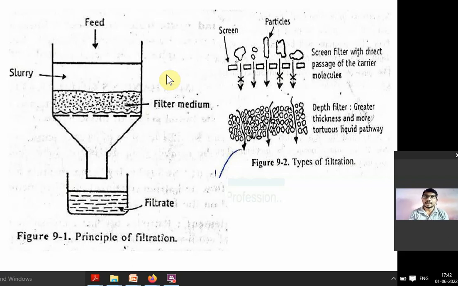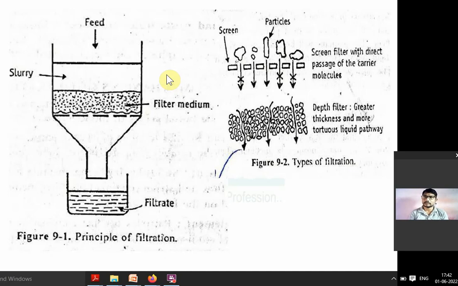You need high efficiency particulate air filters, HEPA filters. HEPA filters are also a special type of filter. So you need clean air in the parenteral production area. And if you want to obtain a product in pure form, you need a filtration. So filtration may be regarded as a separation technique.